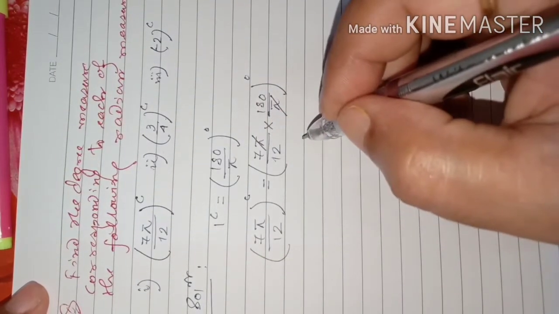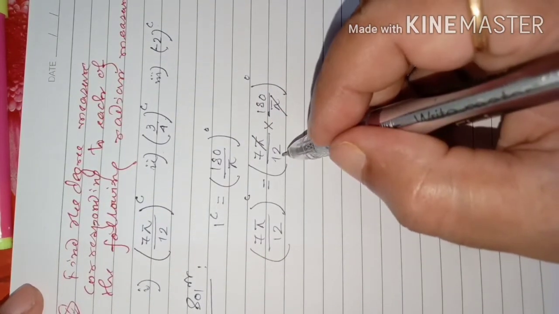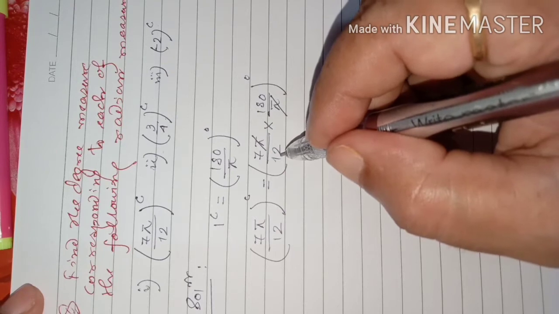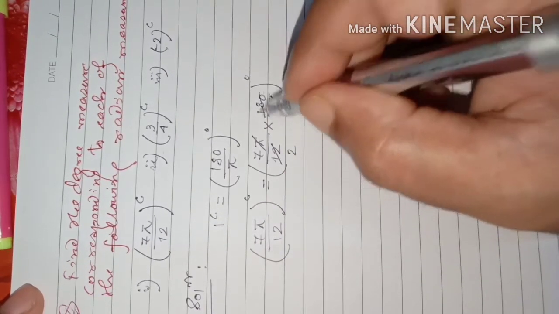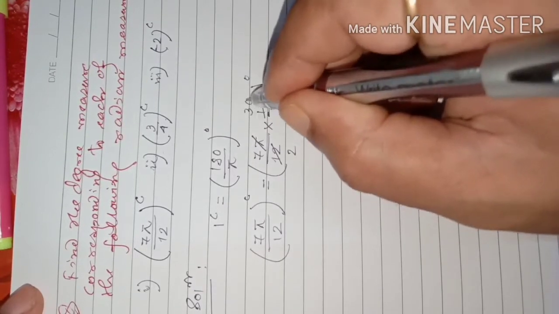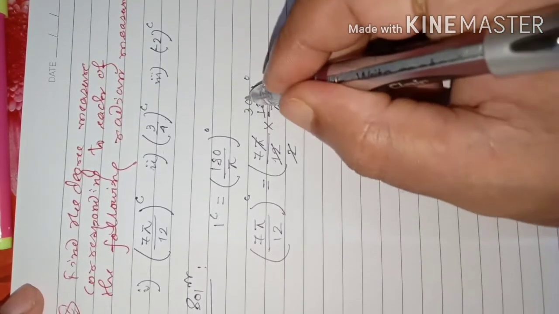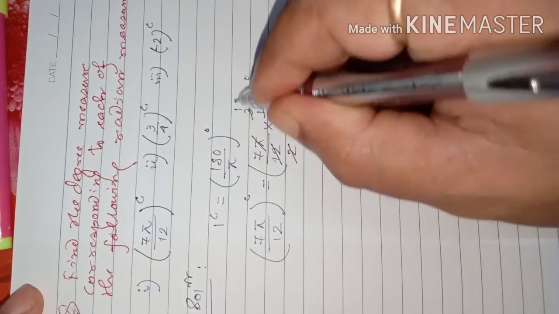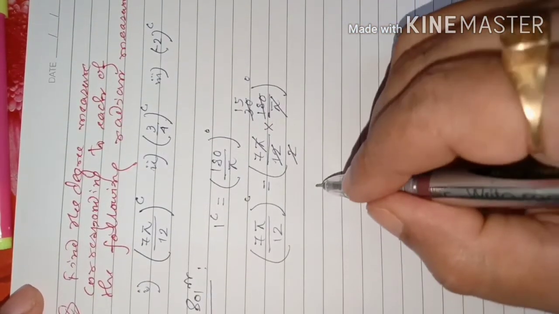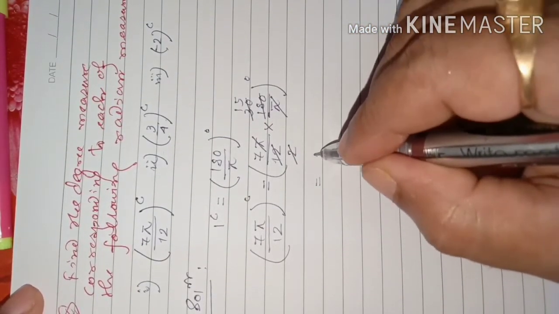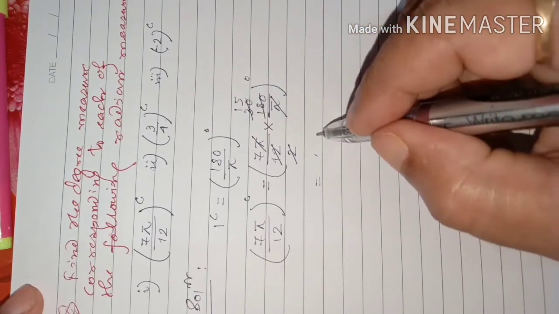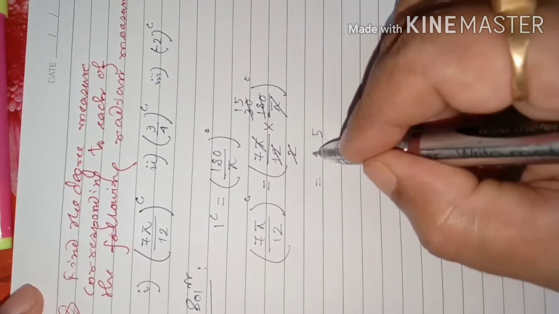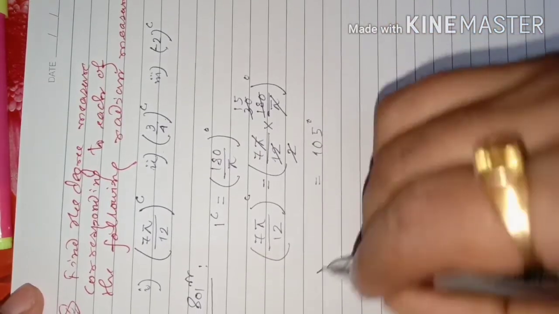You can divide by 6: 6 2s are 12, 6 3s are 18. Again by 2 you can divide: 2 15s are 30. So 7 into 15, that is 7 5s are 35, so 105 degree. This is our answer.